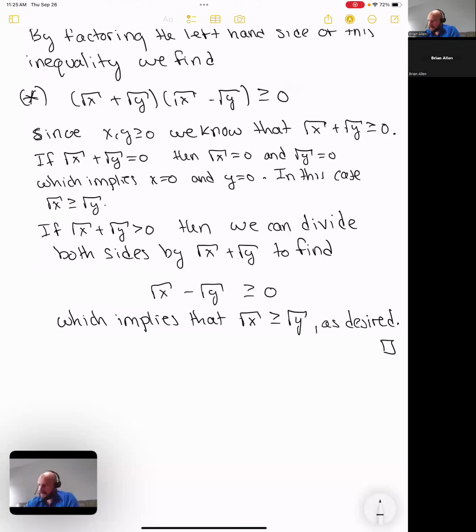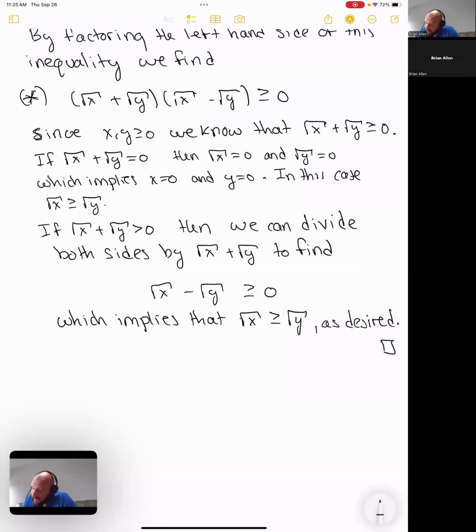Okay, so that's our first example of a direct proof involving inequalities. And here we had to factor this inequality in a way that we wouldn't factor usually in an algebra class, but was convenient for the proof.